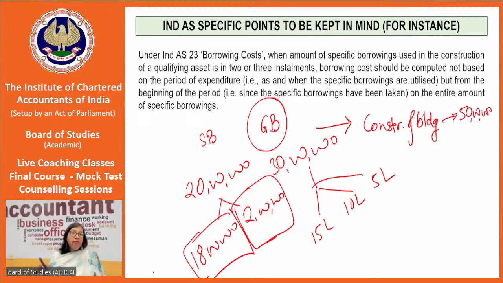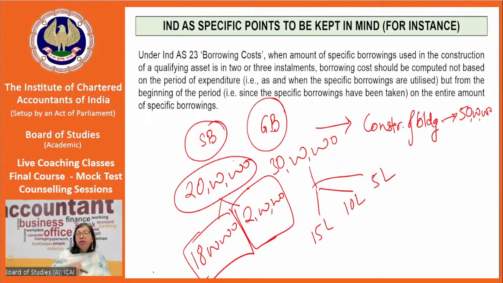Now, when calculating the borrowing cost in case of specific borrowing, we calculate interest on the total amount of 20 lakh at the first go, not on 18 lakh and then 2 lakh. For example, I started my construction on 1st April and spent 18 lakh.